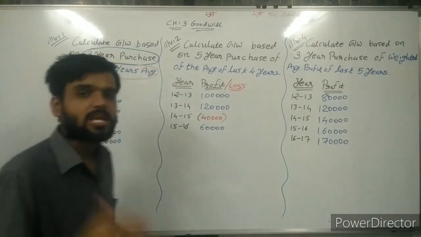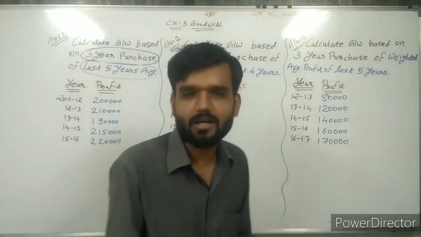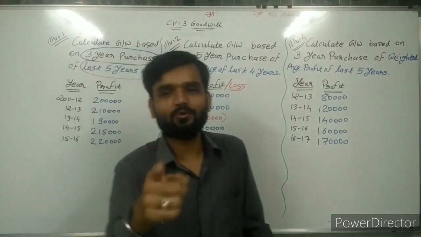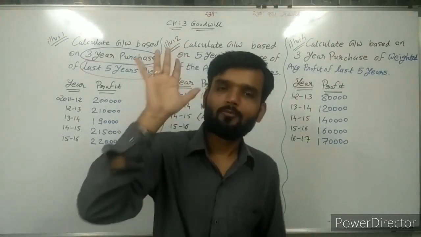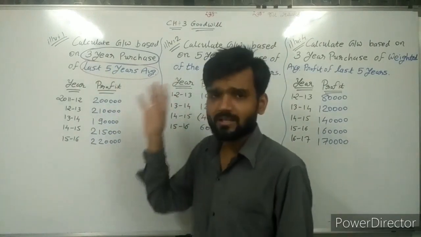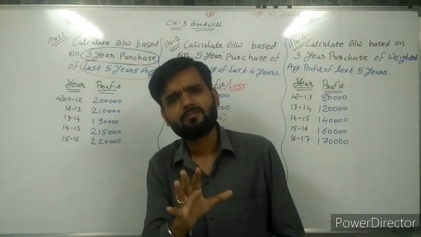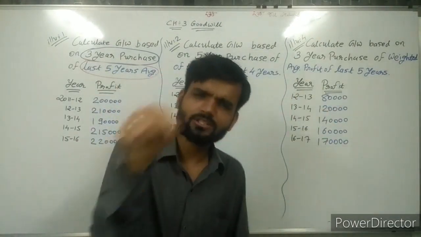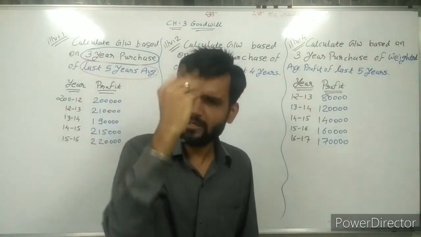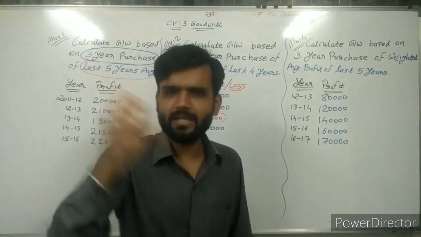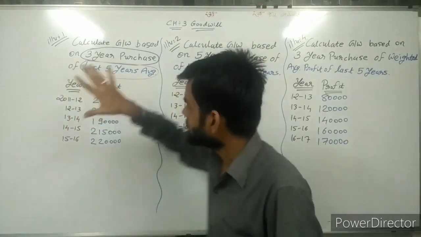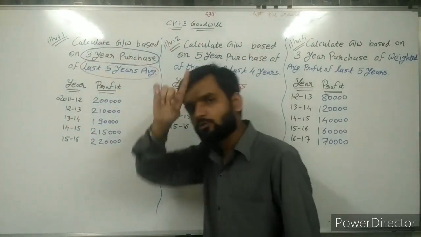Now, last 5-year average of what? Simply profit, because goodwill is calculated on the basis of profit only. This sum is written in short. In your textbook detailed information is given that you can read, but the main required information is written here. So try to understand.